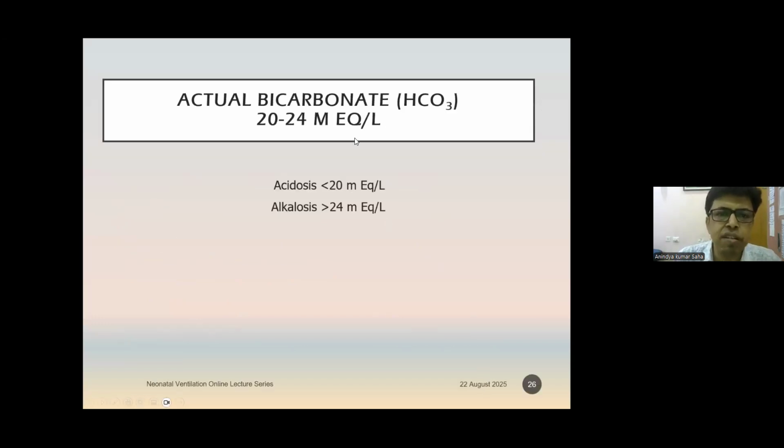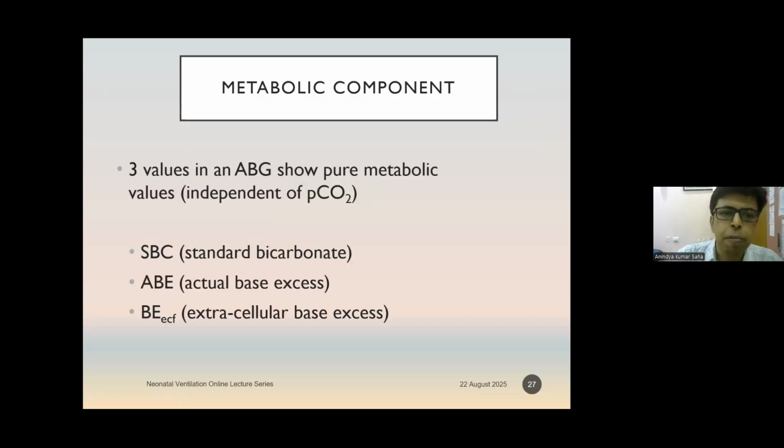This is known as actual bicarbonate, and the standard value is 20 to 24 milliequivalent per liter. We call it acidosis when it is less than 20 and alkalosis when it is more than 25. So less bicarbonate means acidosis and more bicarbonate means alkalosis.